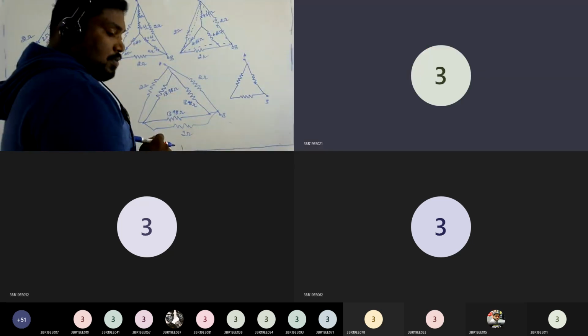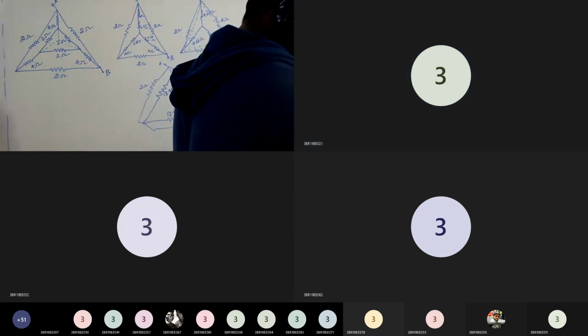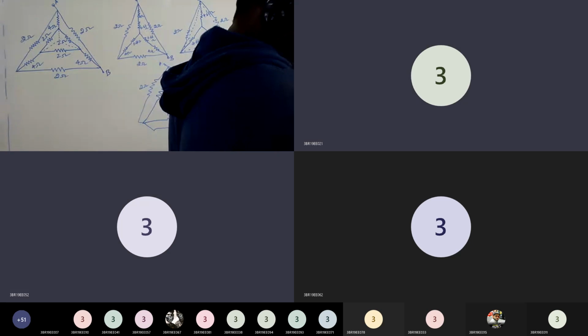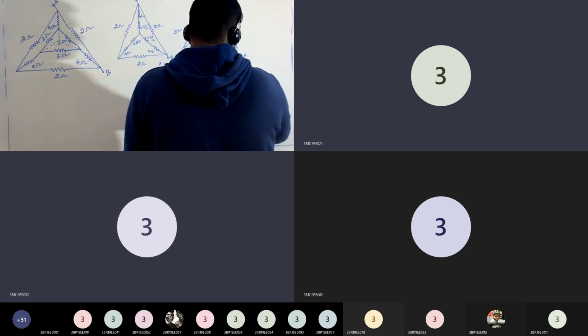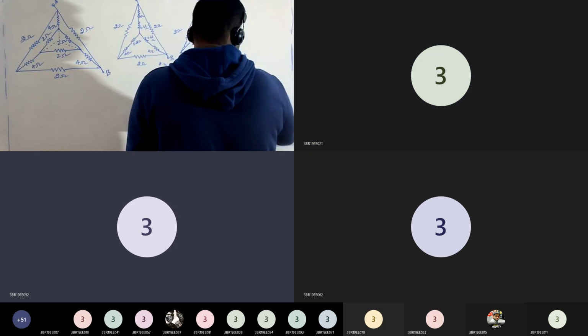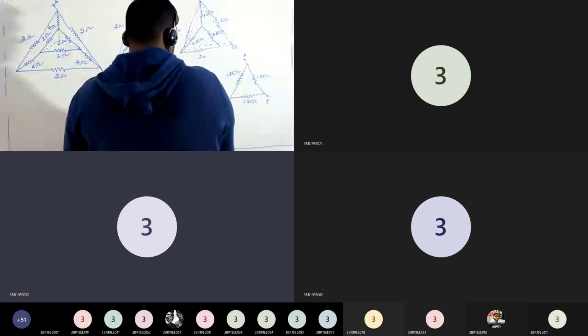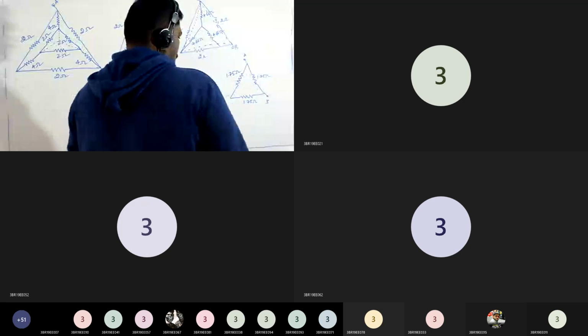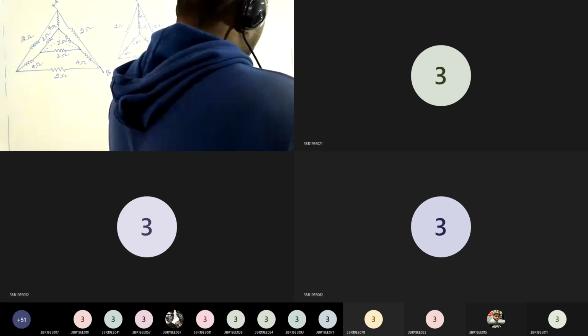It comes to 1.75, approximately 1.749. Since all the branches have the same value, you got the resistance of the single delta.